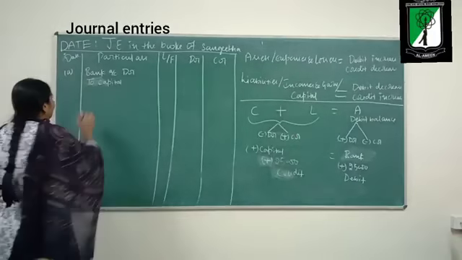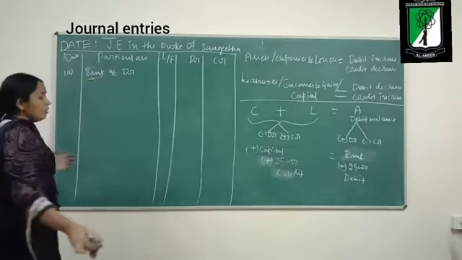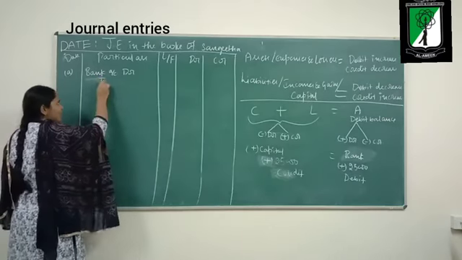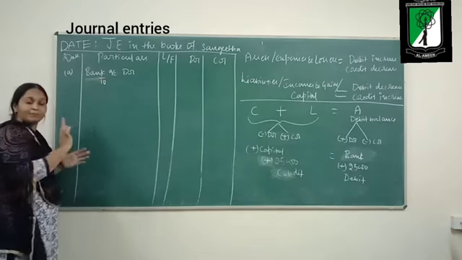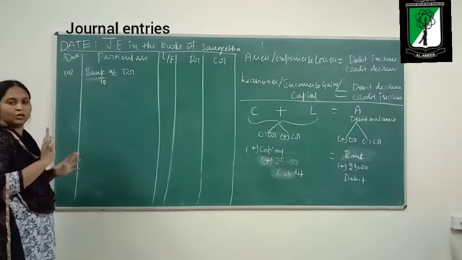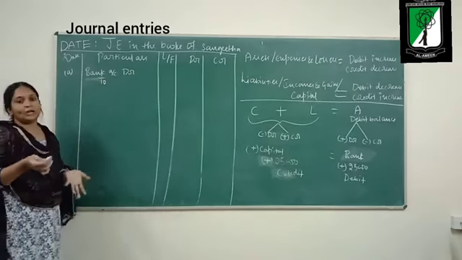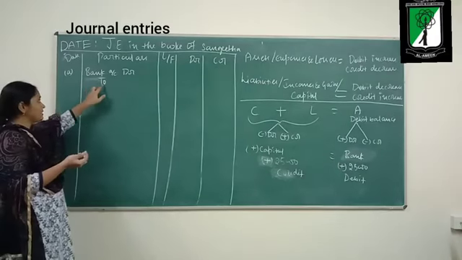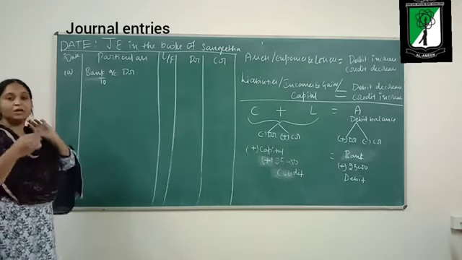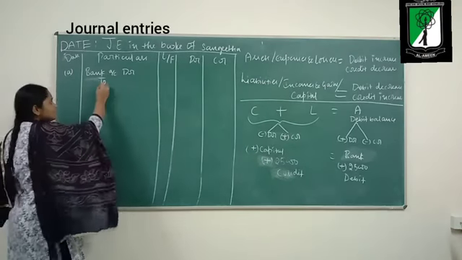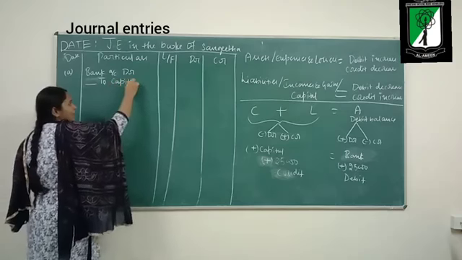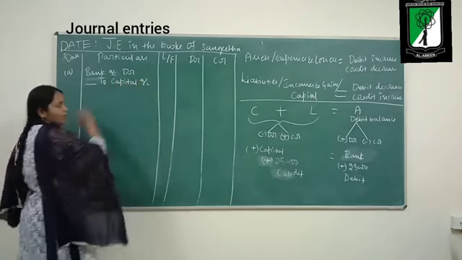To locate easily, if I start by leaving some space, it will be good. Easily you can locate where is the credit entry. For easy location, they follow this. You have to leave some space, then write 'To capital account'.